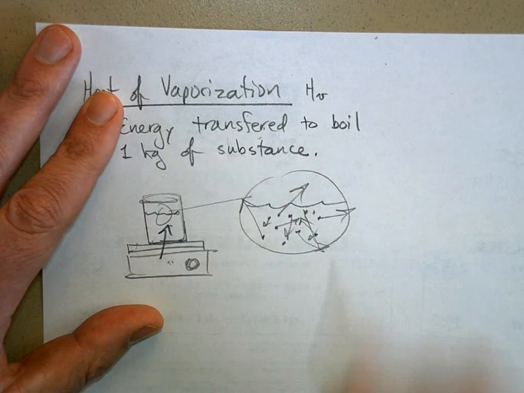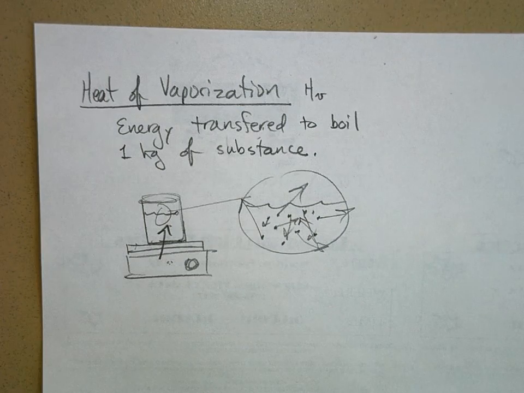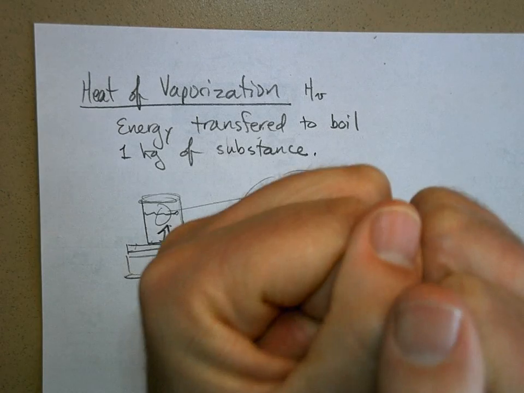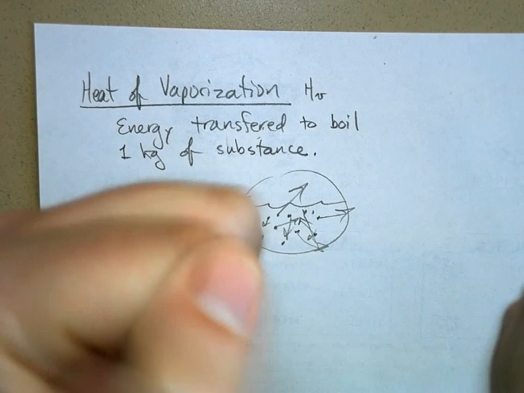Now, the reason why water boils is that you'll get some water molecules that are moving so fast that they break away from all the other water molecules. Water molecules are moving fast enough where they can't align themselves into a crystal.